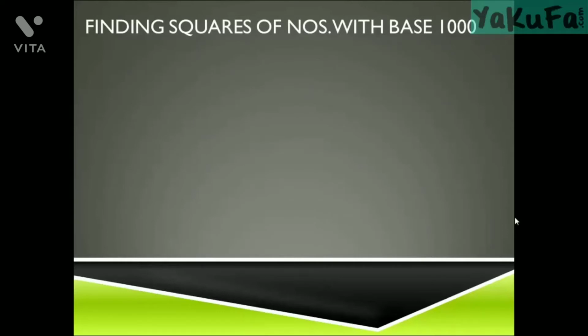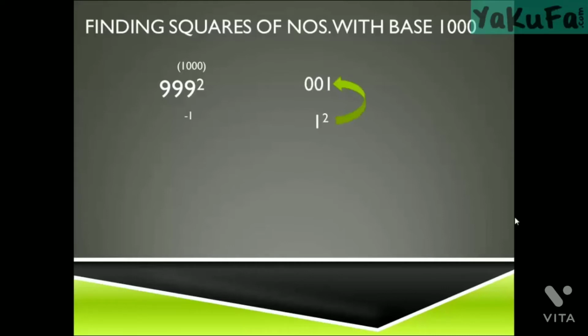Now we'll be finding the squares of numbers with base 1000 with the same technique, no new inventions. Let's suppose you want to find 999 square. Its base is 1000 and it lacks one number to be 1000, so we square that number, that is 0001, and we subtract 1 from 999, that is 998.